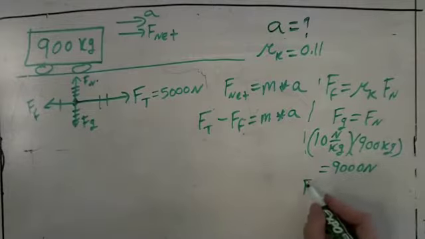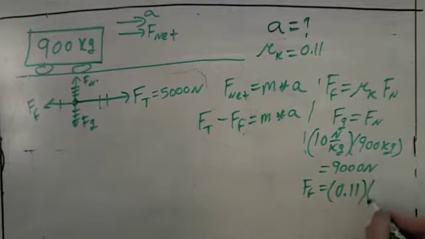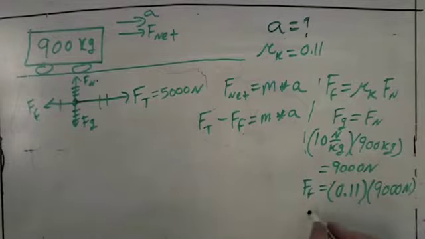So now I can find the force of friction. The force of friction would be equal to 0.11, my coefficient of friction, multiplied by 9,000 newtons. My force of friction ends up being 990 newtons.